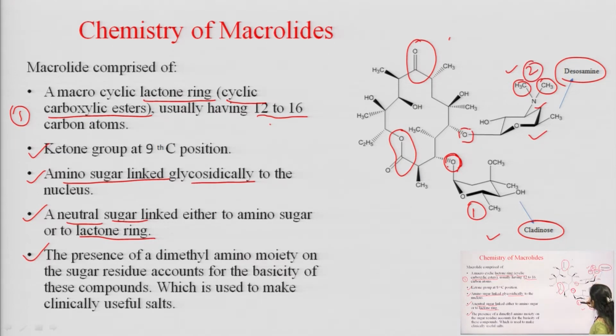Both sugars are linked to the lactone ring by glycosidic bond. Presence of ketone group at 9th position and the presence of dimethyl amino group is responsible for their basic character. So, this is all about the chemistry of macrolide.